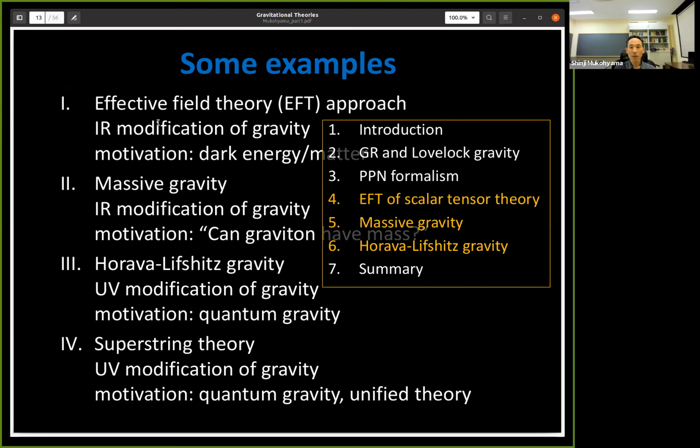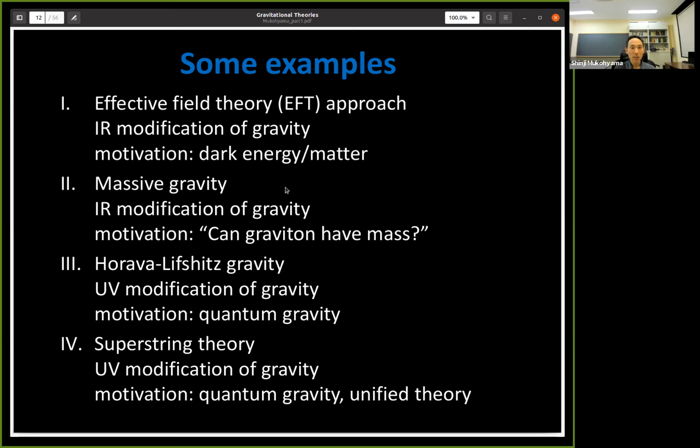So, the effective field theory approach. Let me explain a bit about this. This is motivated by dark energy and dark matter. So this is IR modification of gravity. Also, massive gravity is IR modification of gravity. Historically, the first motivation came from this very fundamental question: can we give a mass to the graviton, a spin 2 field?